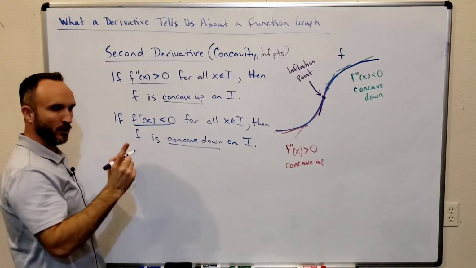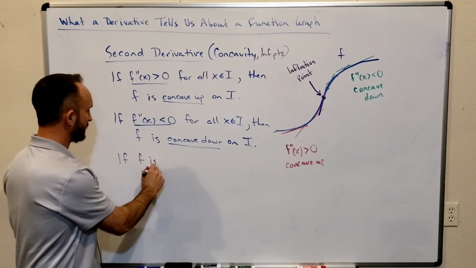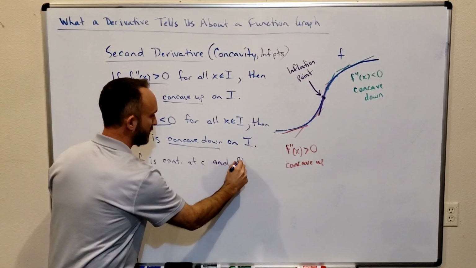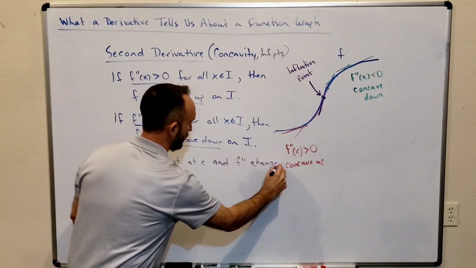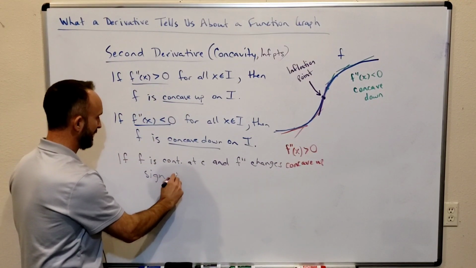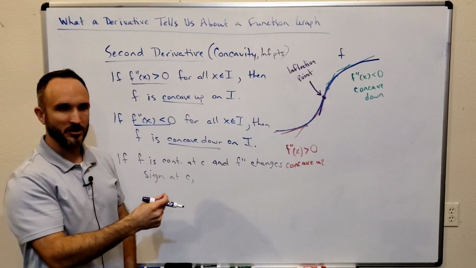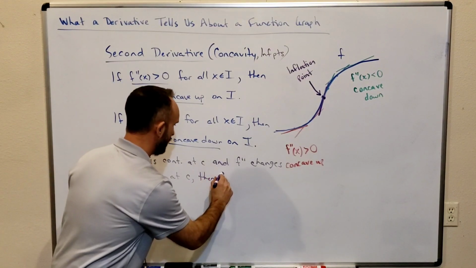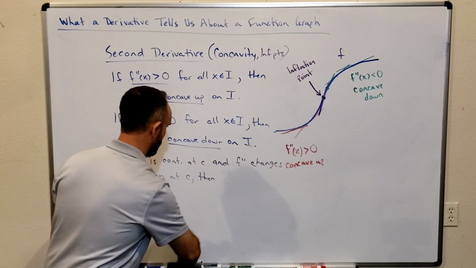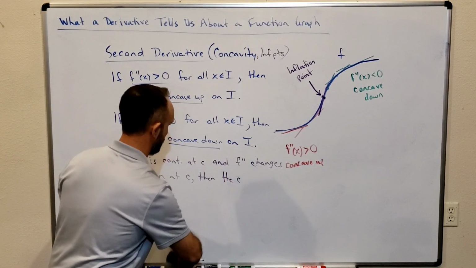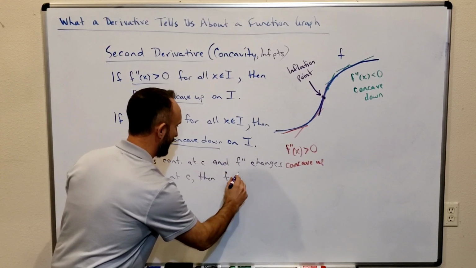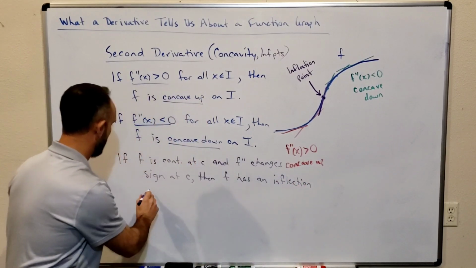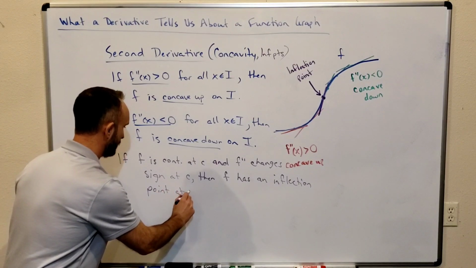Well, just like local mins and maxes for the first derivative, if f is continuous at c and f double prime changes sign at c, so it's a point of continuity and the concavity changes, then f has an inflection point at c.